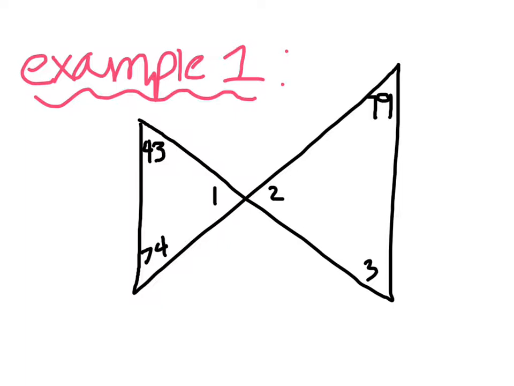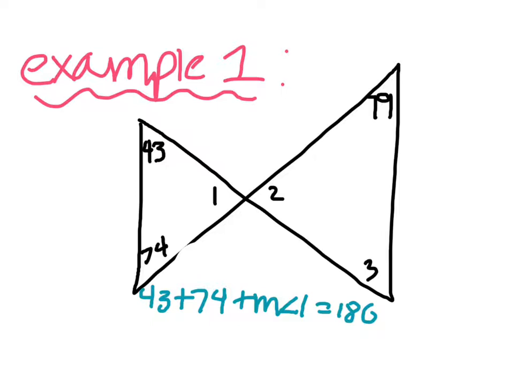Well, we know if we take 43 plus 74 plus the measure of angle 1, it will give us 180 degrees. All we have to do is get angle 1 by itself, and we know what its measure is.